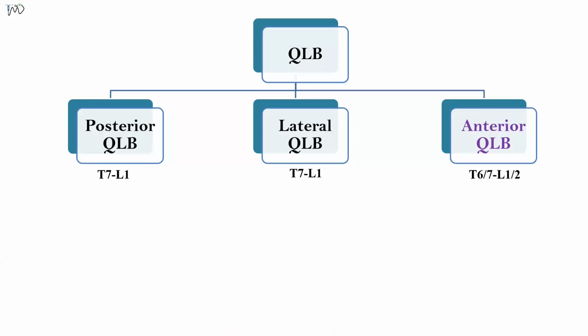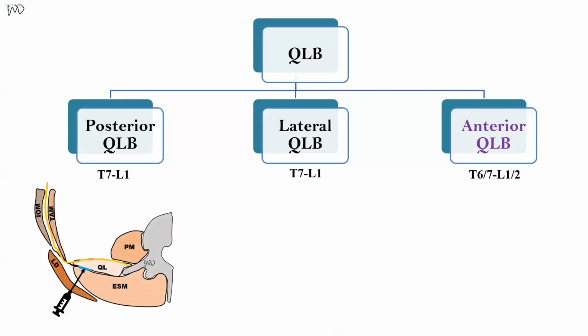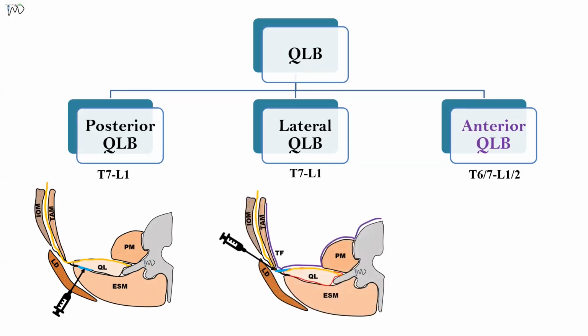In posterior quadratus lumborum block, local anesthetic is injected between the quadratus lumborum and the erector spinae muscles. In lateral quadratus lumborum block, the injection is performed in the plane between the aponeurosis of internal oblique and the transversus abdominis muscle at the lateral border of the quadratus lumborum muscle.